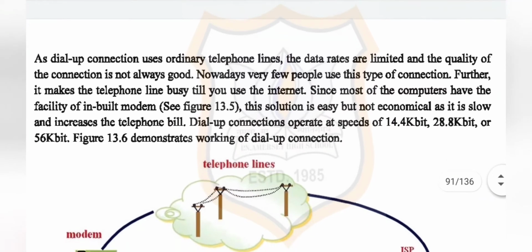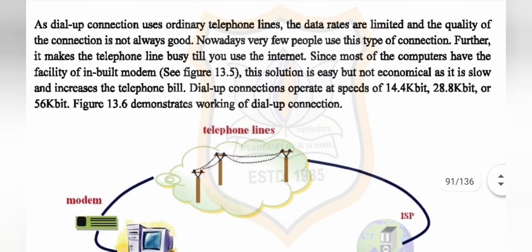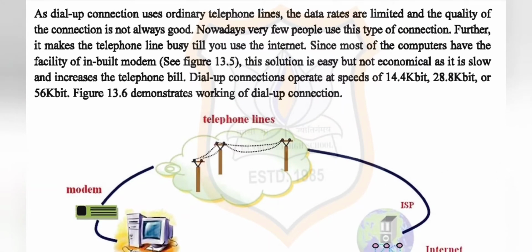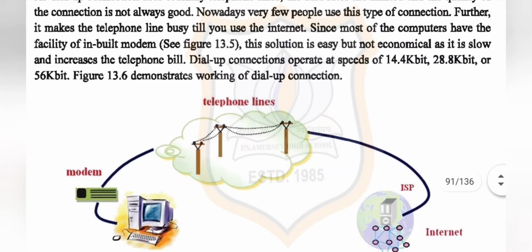As dial-up connection uses ordinary telephone lines, the data rates are limited and the quality of the connection is not always good. Nowadays, very few people use this type of connection. Further, it makes the telephone line busy till you use the internet.